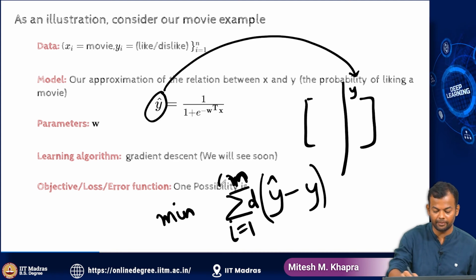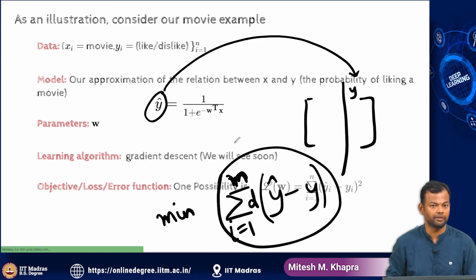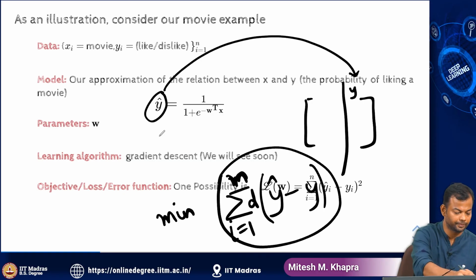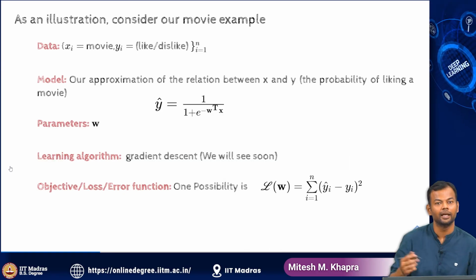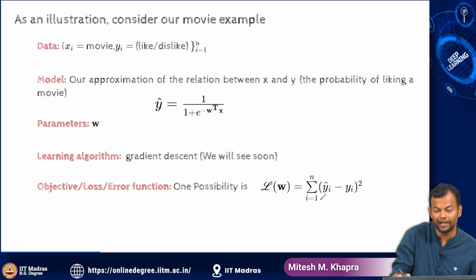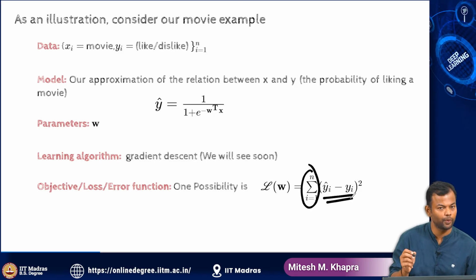So this is my loss function now, and I want to minimize this. I could choose different ways of defining this distance, or the d function, and I could choose the squared error loss, for example. So what is this saying? This is my loss function: I look at all the training examples, I look at the difference between y hat and y, and I take the square of the difference.